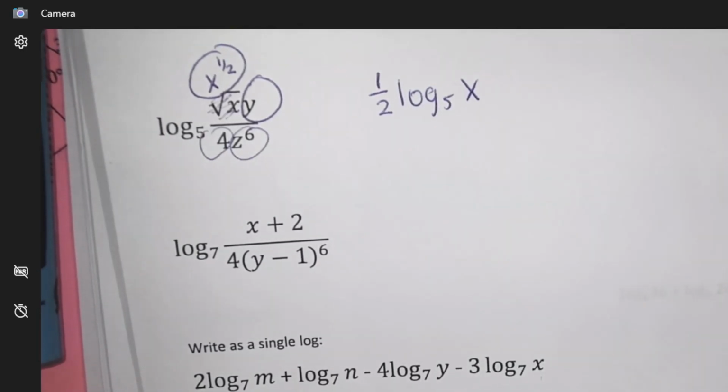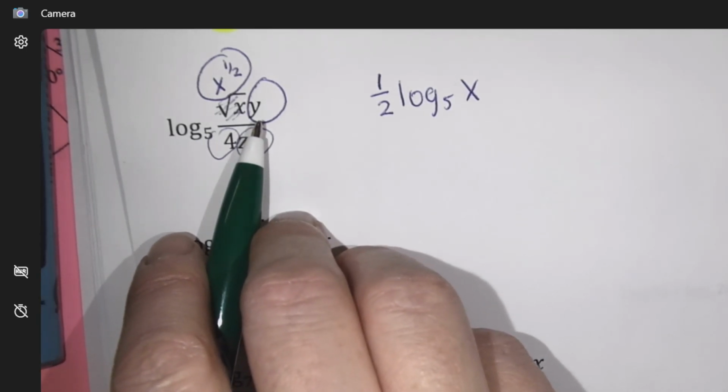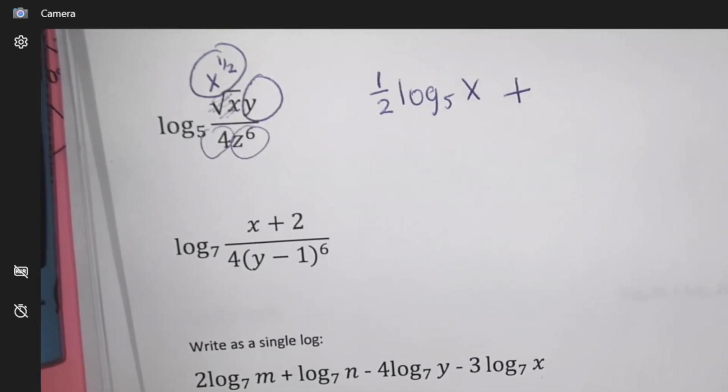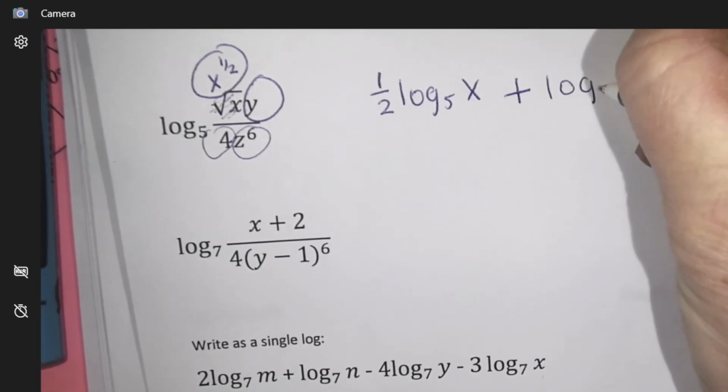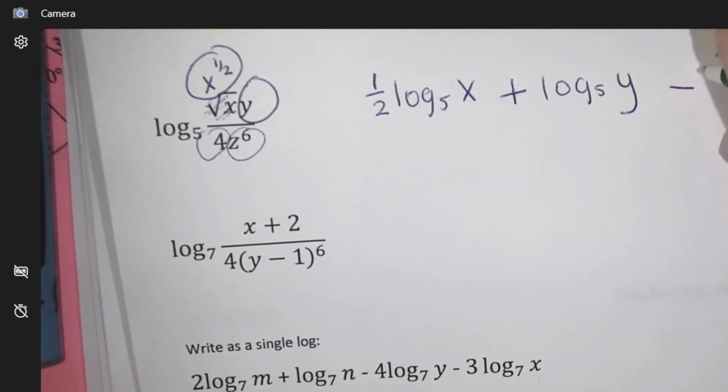Because I moved the exponent on the x to now say a multiply by. The y is a multiplier, so I'm going to do an add. The 4 is a divider, so I'm going to subtract.